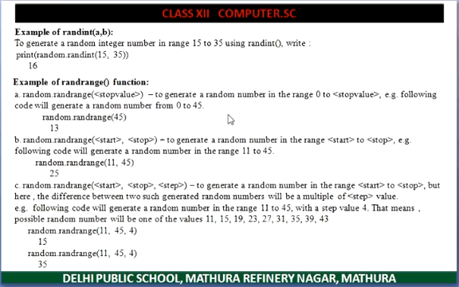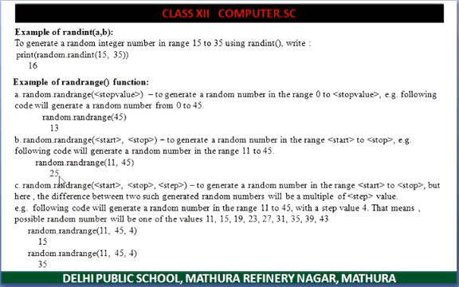First you need to include the command import random, then write this statement. Second, random.randrange(start, stop). To generate a random number between start and stop, you need to write random.randrange(11, 45). So it will generate a random number between 11 and 45.